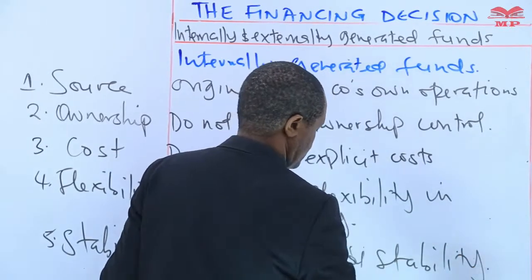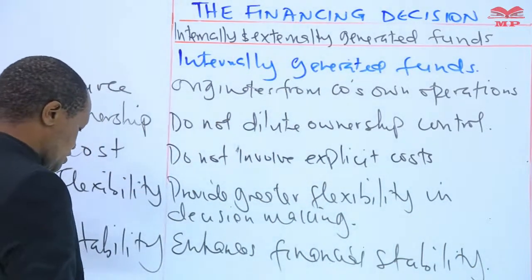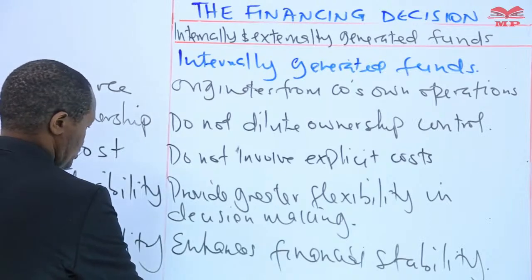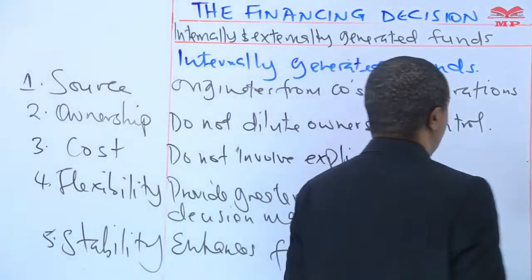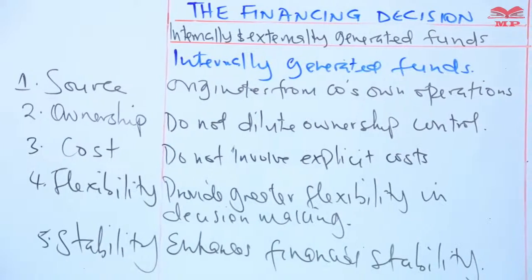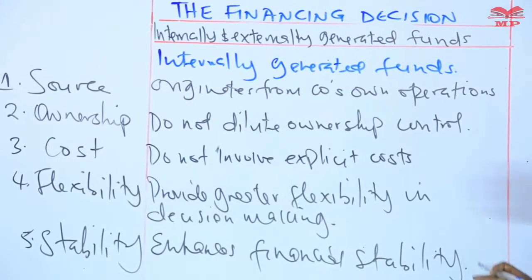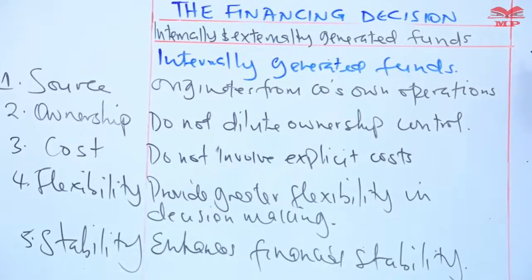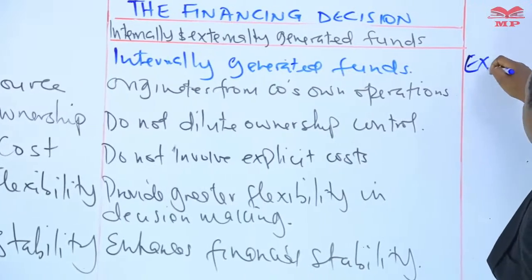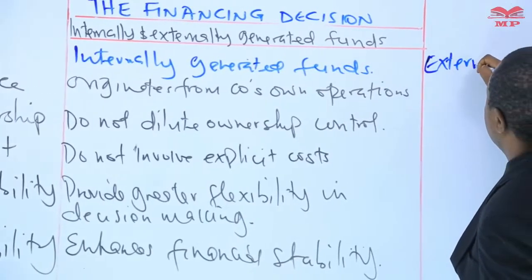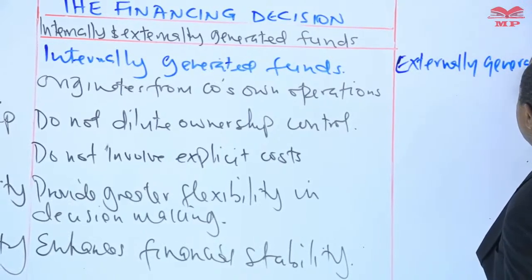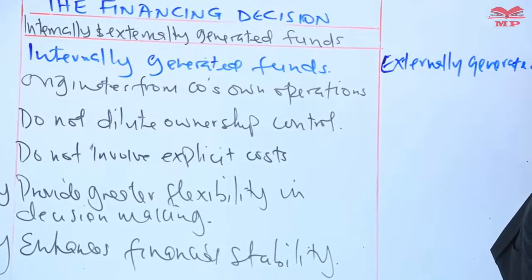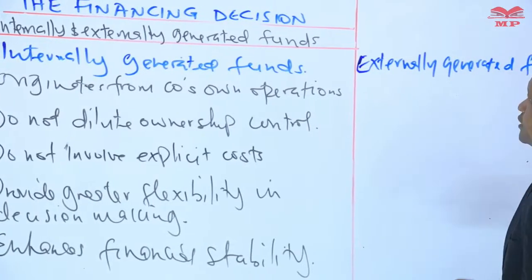As you compare the two, let me have another column here for comparison purposes. This is a column for internally generated funds. You can have another one here for externally generated funds.